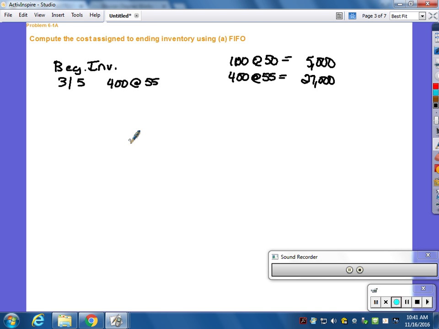So what's next after March 5th? They sold, what's the date? March 9th. So they sold how many units? 420. So where do we pull them from?